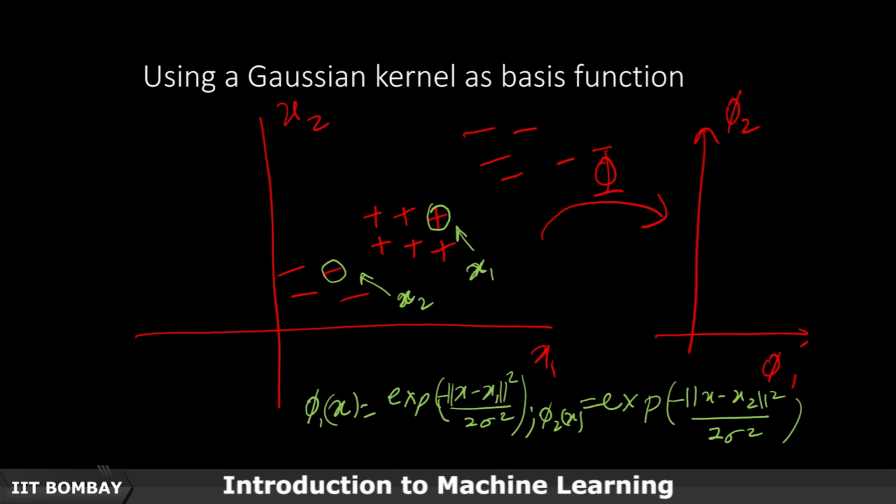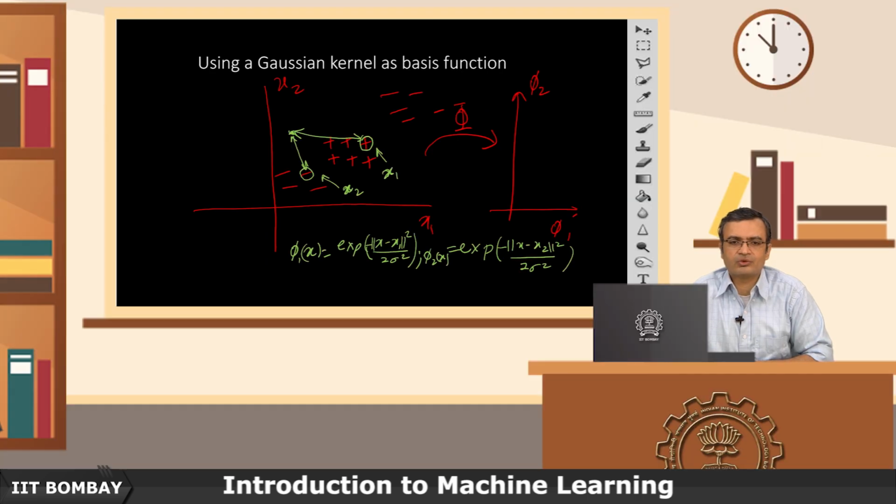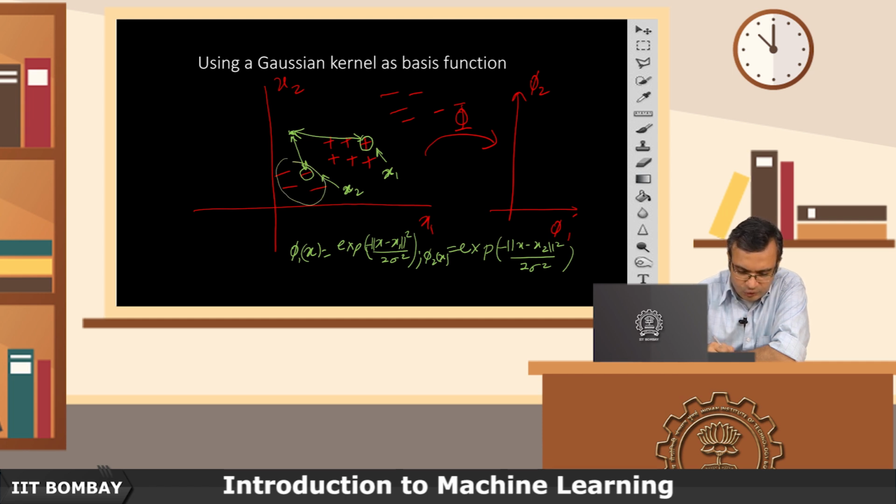All right. So for every other point x, we will take the distance from this point and the distance from this point, and we will fit a Gaussian kernel on that. So this is the Euclidean distance that we are looking at, x minus x1 and x minus x2. Okay. So if you look at that, what will happen is that in the phi 2 space, what will happen to all these negative points? They will have a very high phi 2, because these points are close to the x2 point, so they will have a high phi 2.